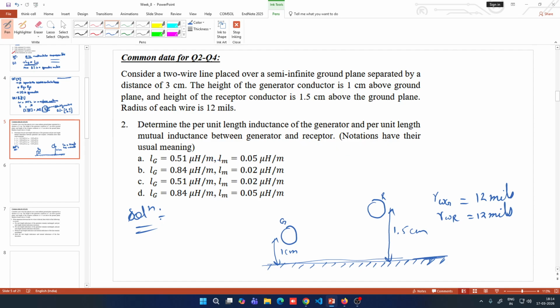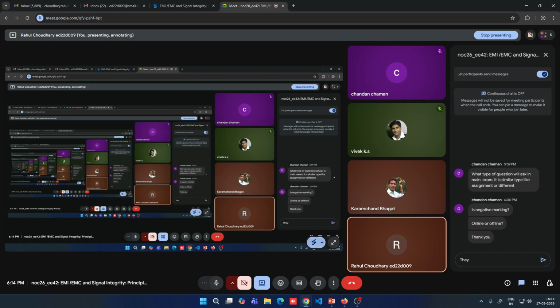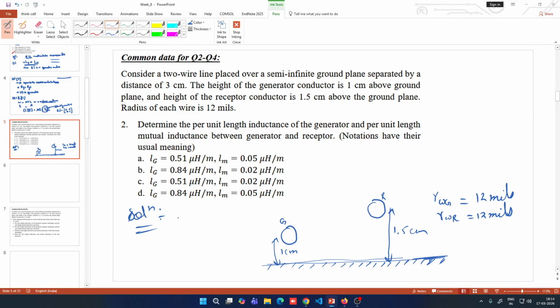Notations have their usual meaning. I hope what the question is trying to ask is clear. So this is RWR, this is RWG, the radii of these two conductors, which are the same.